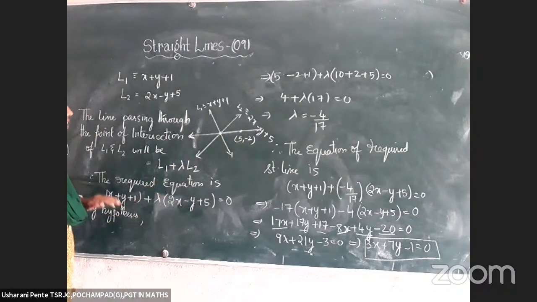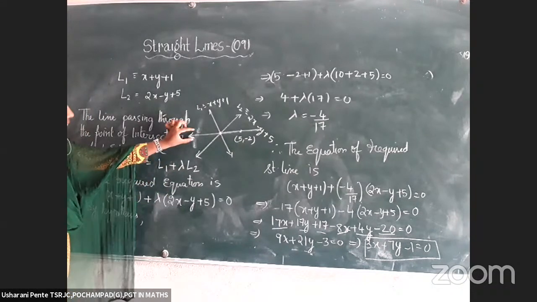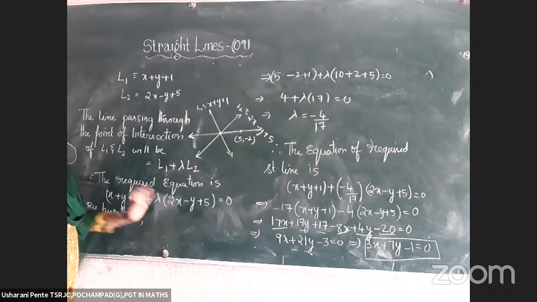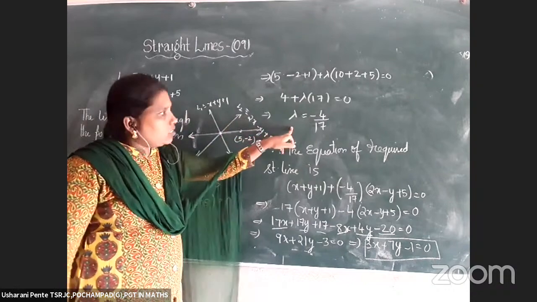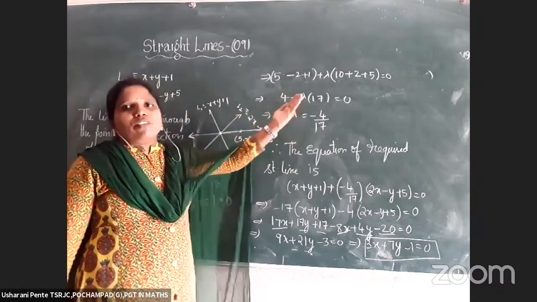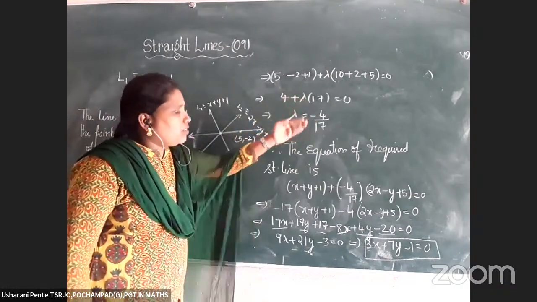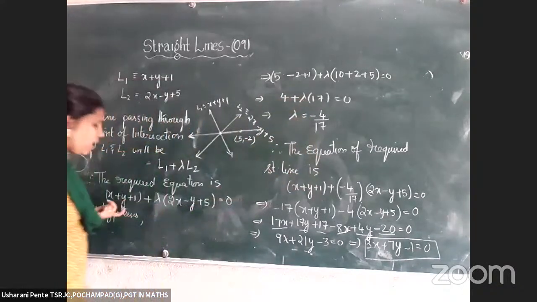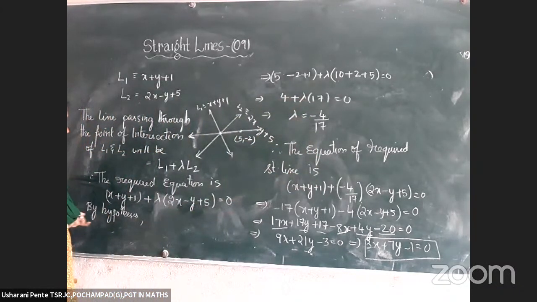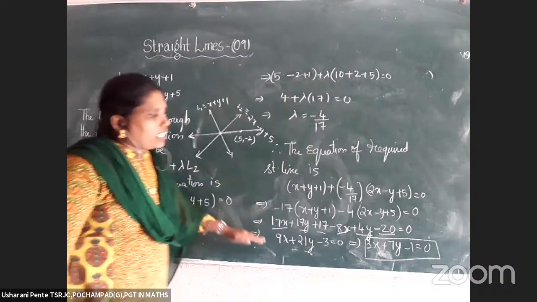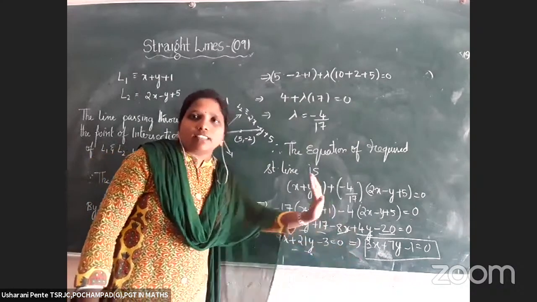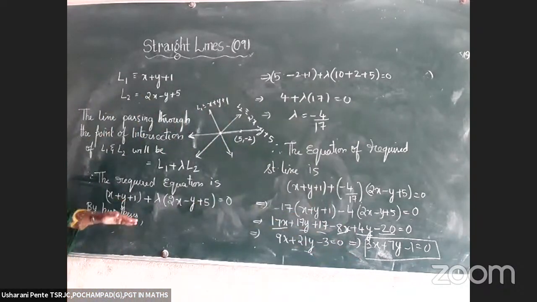As this line is of this form, we substitute the point and get the lambda value. After we find lambda, we substitute the same in the required equation we have taken. Then we will get the required equation of the straight line.